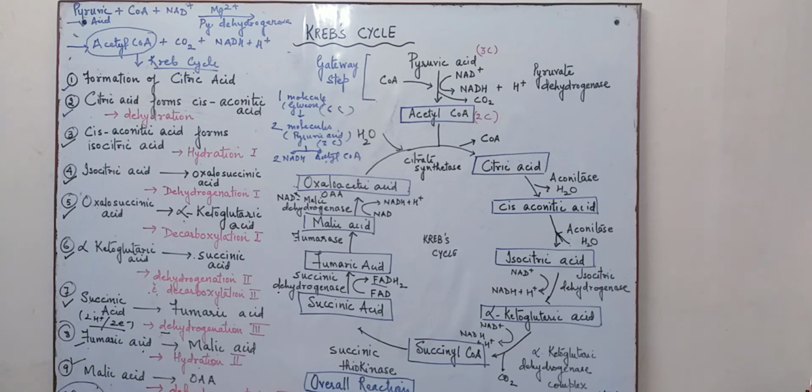Why are we calling it a cycle? Because the process starts with the breakdown of acetyl coenzyme A and the formation of FADH2 and NADH, and this FADH2 will be utilized to form ATP through the electron transport chain.